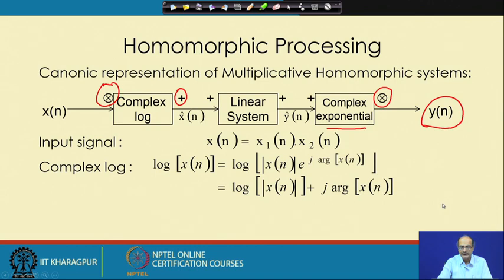Okay. And when we take the log, what we get is the log of the absolute value first, that is this term, and we get the angle as the complex term.